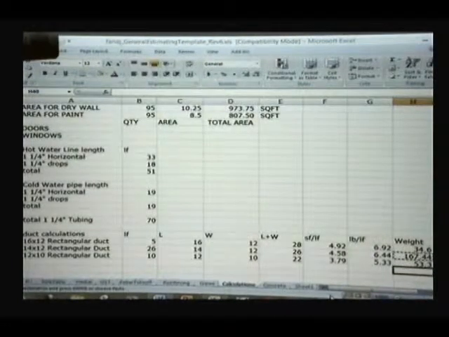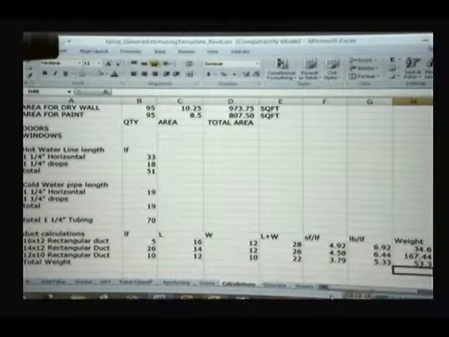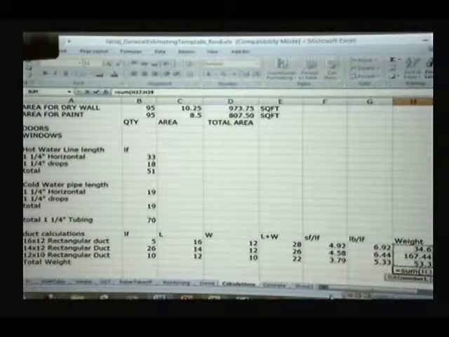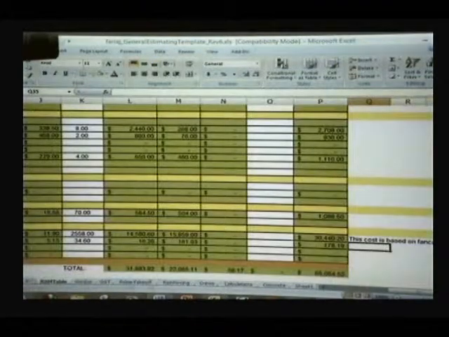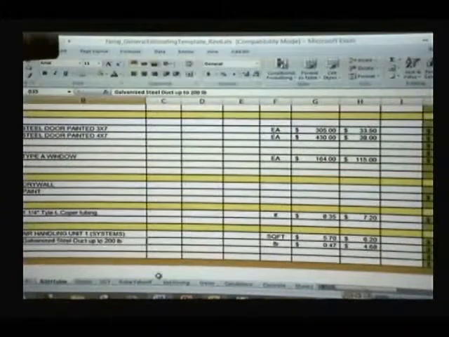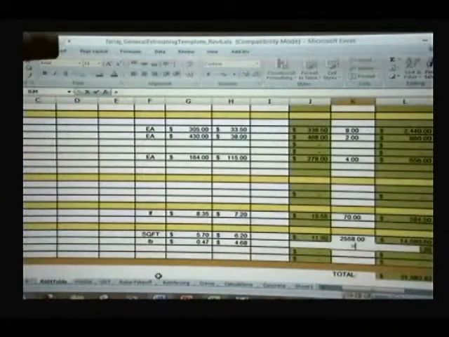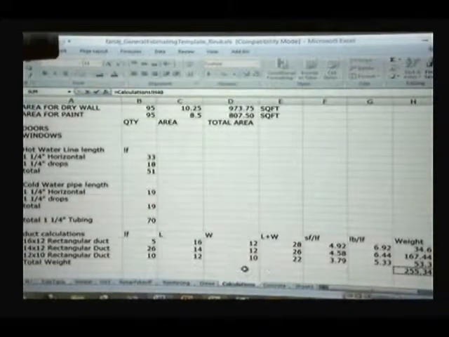So now I can calculate total weight, right? The total weight here would be the sum of these three sections. So now it's easy because I have the RS Means table. I have the cost per pound, right? So all I have to do is update the weight to the sum of these three sections.